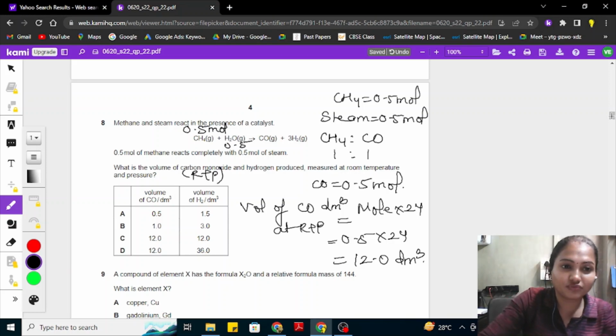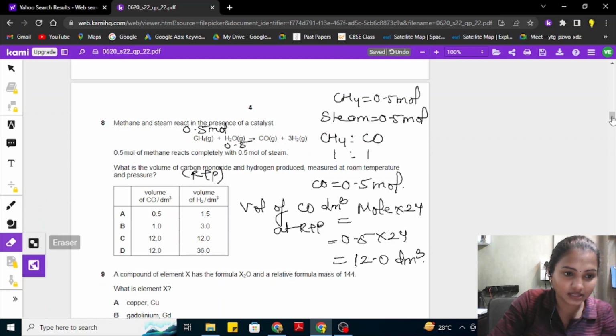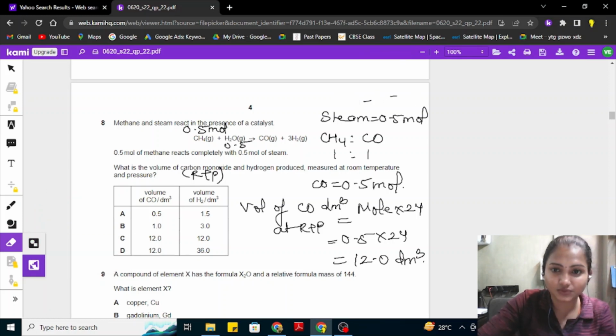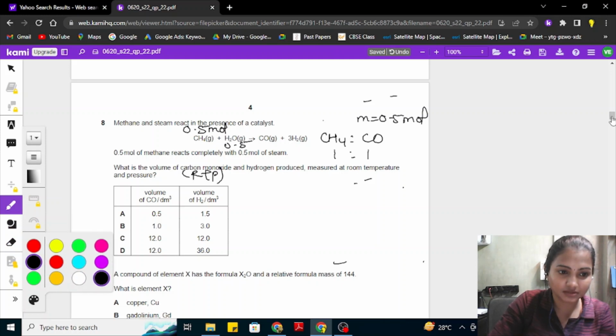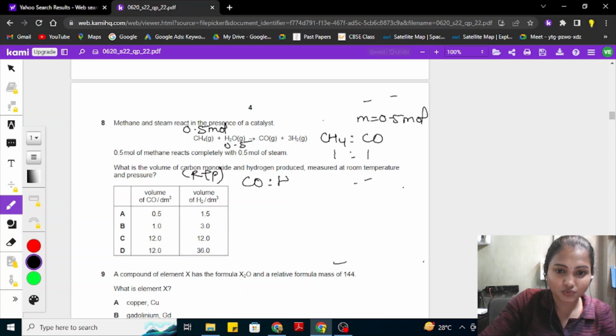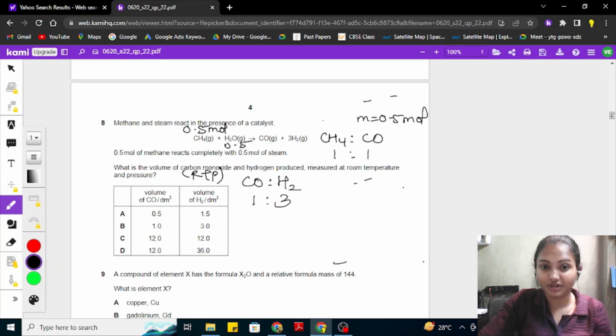Now let's find out for hydrogen also. So let me take an eraser and erase it. So here we have this space. Let me erase this one. Okay, let me take the pencil. Yeah, this one. So carbon monoxide is to hydrogen is also the same. But here the mole ratio is 1:3.